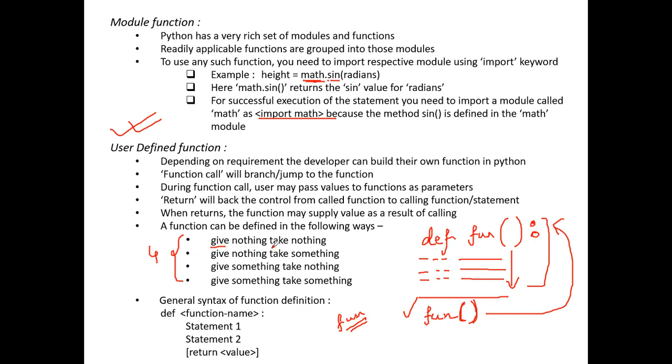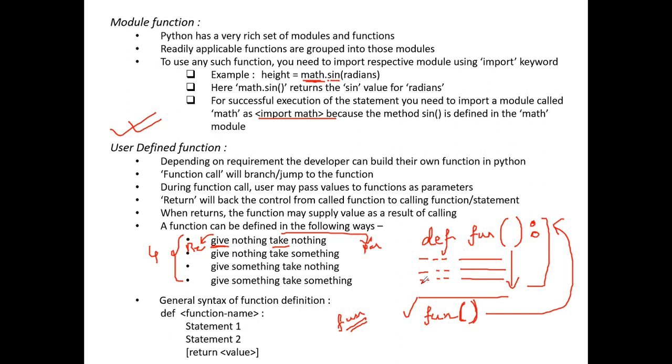Give and take are the two verbs used here. Give means the return statement. Take means the parameter or the argument. I am explaining it later. But currently, I would like to show you how to write the simplest function in Python.